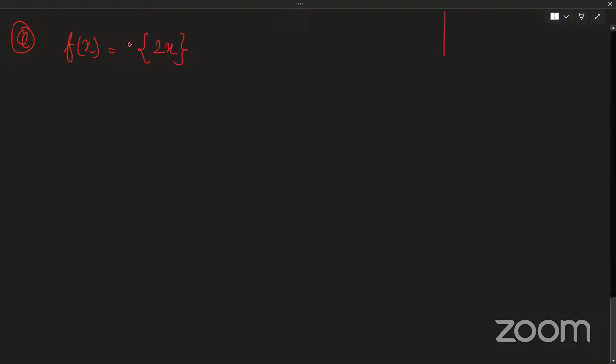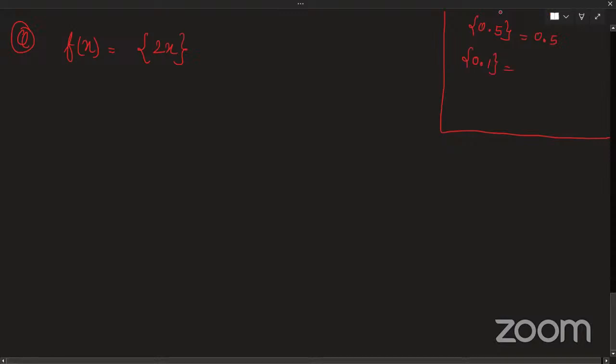So see, what does fractional function do? It is very easy. It just gives me, for example, fractional part of 0.5. It will tell me what is the decimal part in this. It will just give me the decimal part. So for 7.0, it will give me 0. For 0.9999, it will give me 0.999. Fine?